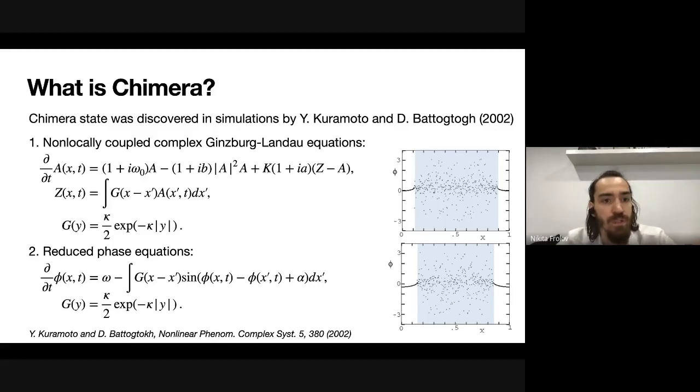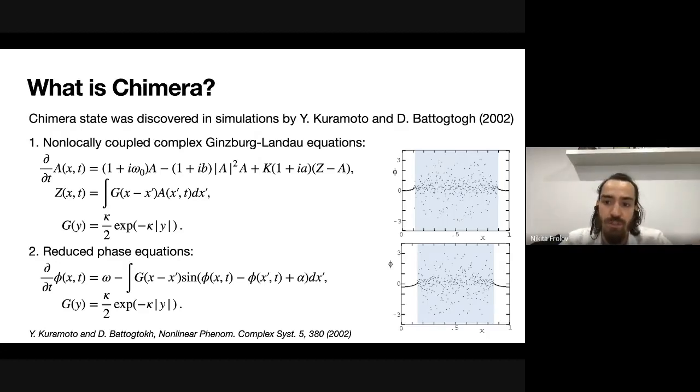Initially, the chimera state was discovered by Kuramoto and Battogtokh in their pioneering work. They discovered during their numerical simulations that a symmetrical ensemble of non-locally coupled nonlinear equations, particularly Ginzburg-Landau equations, could split into two subpopulations which exhibit different dynamical properties.